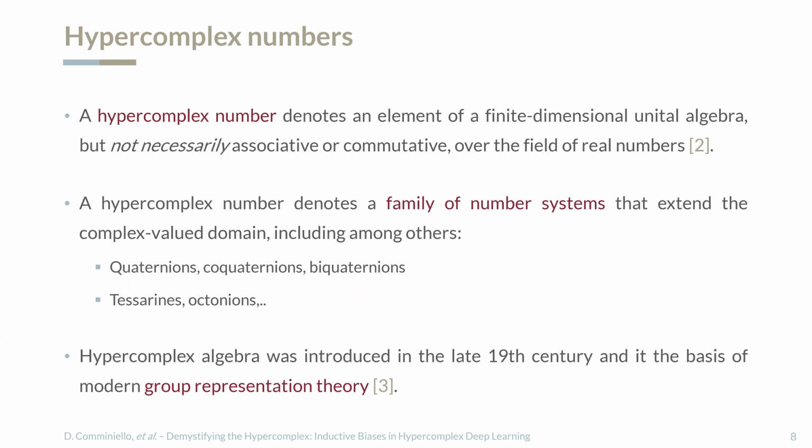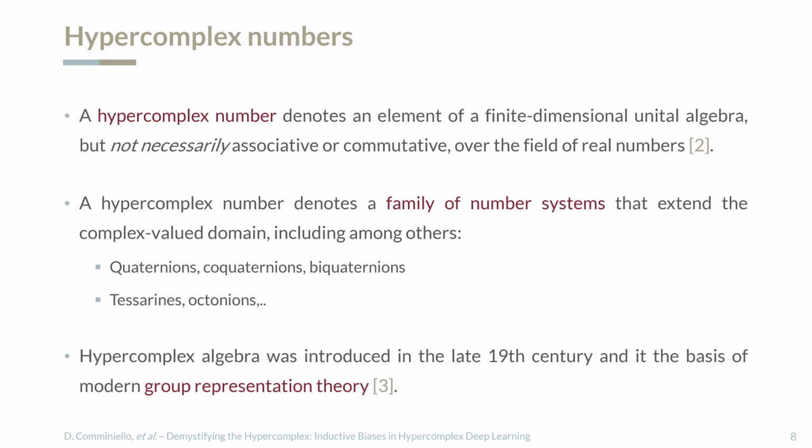So what is a hypercomplex number? A hypercomplex number denotes an element of a finite dimensional unitary algebra, but not necessarily associative or commutative, over the field of real numbers. So it is a kind of extension of real and complex valued numbers, but with different properties.